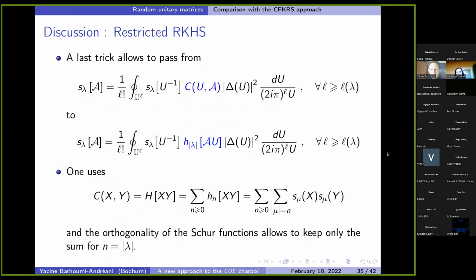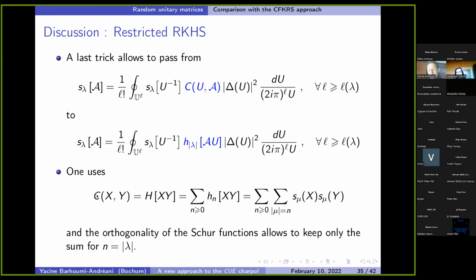Okay, now you have the reproducing kernel formula. And what I use is I replace the Cauchy reproducing kernel by something else, by this h lambda. So in fact, there is a general notion of restricted reproducing kernel, but this is a trick.